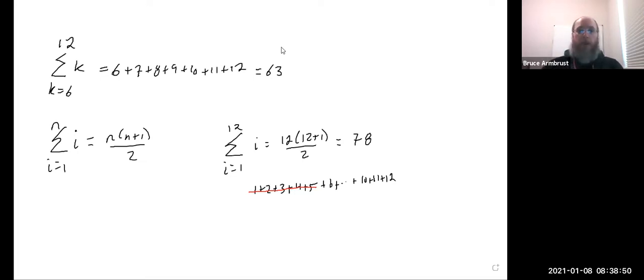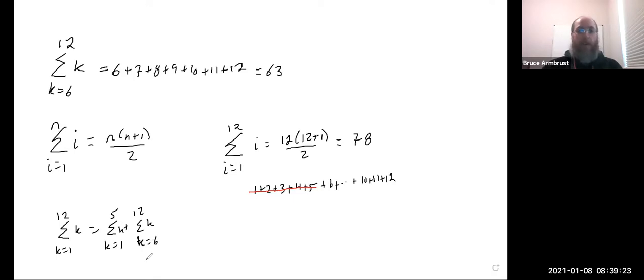So there is a sum rule. I don't remember if I mentioned this one or not. But basically what this says is that if you've got a sum from 1 to n, you can actually split it however you want. So like we could take this guy that's from 1 to 12, and that's actually going to be the same as the sum from 1 to 5 plus the sum from 6 to 12.